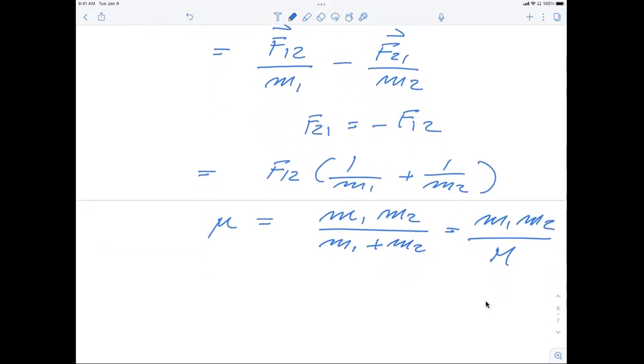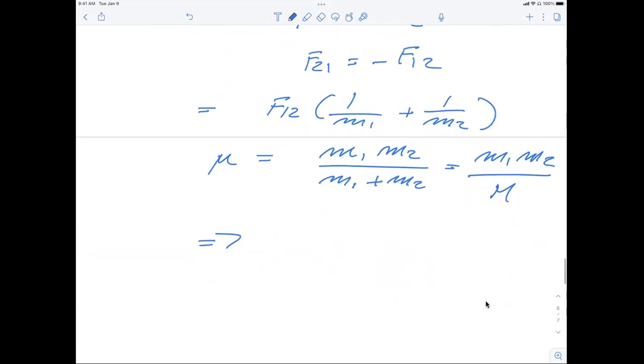So I can now multiply with mu on both sides. If I just rewrite this equation, I can write it in terms of mu multiplied with the second derivative of r with respect to t, and this is equal to the force F12 here. And this is now my gravitational force.